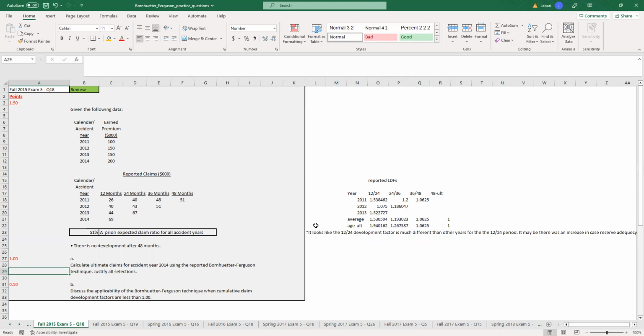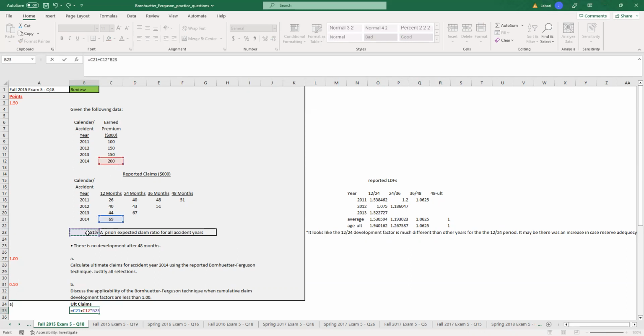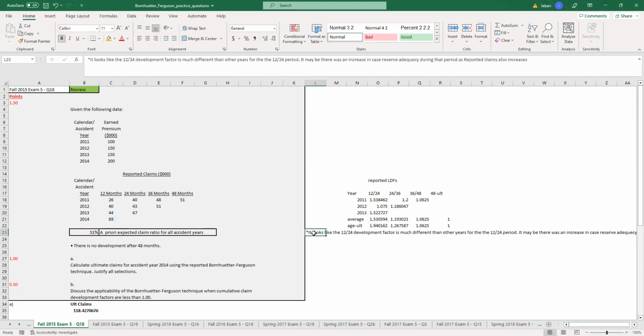So for ultimate claims, we're just going to take the latest in the triangle plus the premium for 2014 times the a priori expected claim ratio, and then we have to weight that with the percent unreported, because we already have the reported amount. So that's going to be percent reported, 1 minus percent reported is the percent unreported. So that will be the answer for A with this note here.